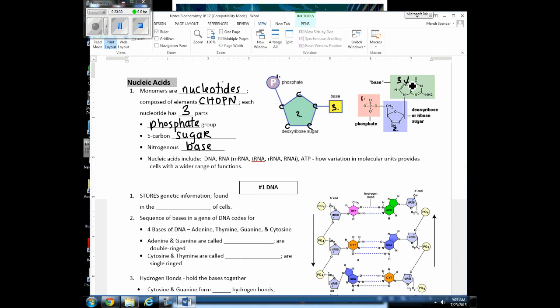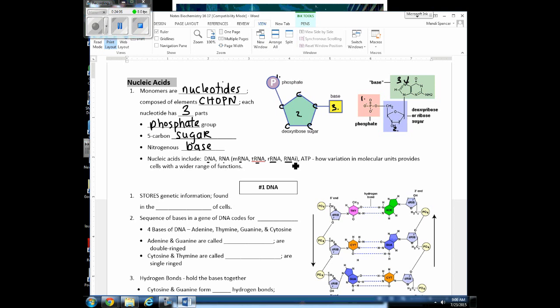Now, there's lots of different types of nucleic acids. We talked about some of them in pre-AP, but not all of them. There's DNA, there's RNA, and there's different types of RNA. In pre-AP, we talked about messenger RNA and transfer RNA, important in transcription and translation of protein synthesis. Ribosomes is where you're going to find ribosomal RNA. And we're going to talk way more in depth about this called RNAi in our DNA unit.